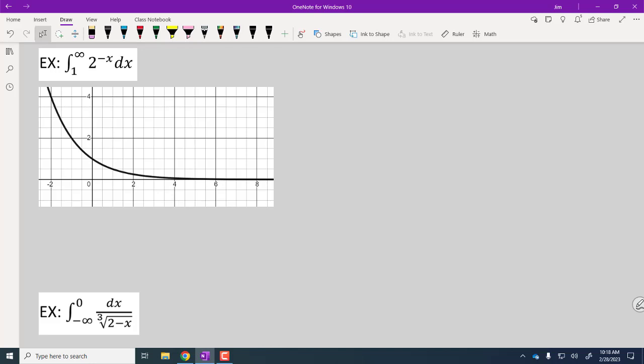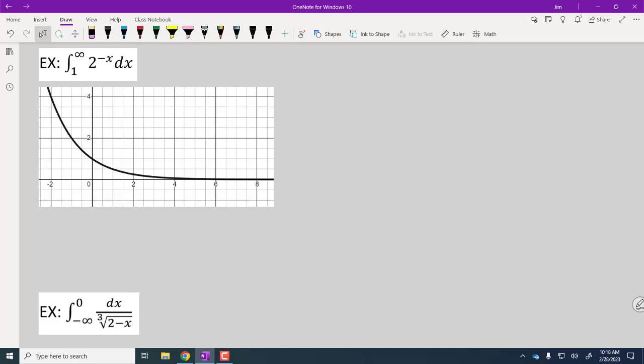And if you look at the function, it is an exponential decay. 2 to the negative x, that's exponential decay. And we know that when you hear the word exponential growth or exponential decay, you think fast, right? It's either growing fast or decaying fast. And so it's reasonable to think that this probably is going to converge. We'll use the word converge if the area is finite.